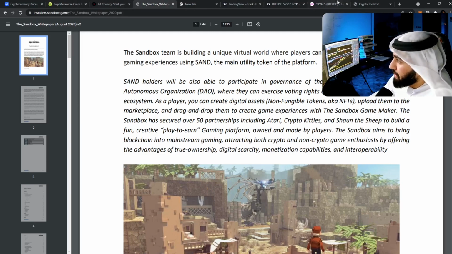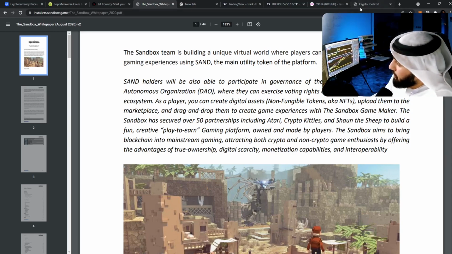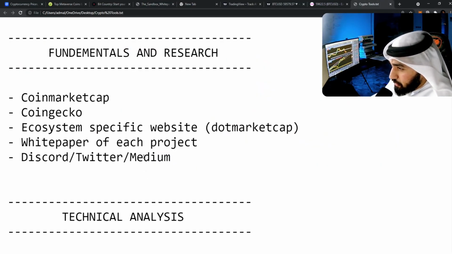Because initially, when people put out their white paper, most of the time those businesses don't have a working model yet. From a business perspective, when they release the white paper, they just have the MVP, the minimum viable product. So you need to read about what they're doing, the updates, and most importantly, about the team.